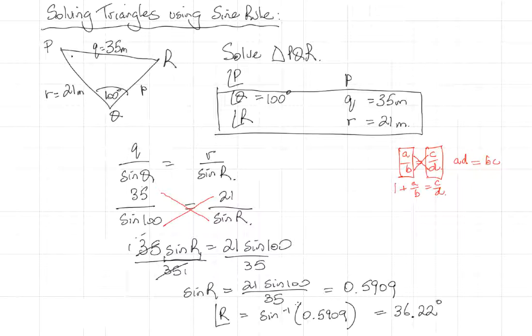So we know that angle R is 36.22, and we know that 3 angles add up to 180 degrees.